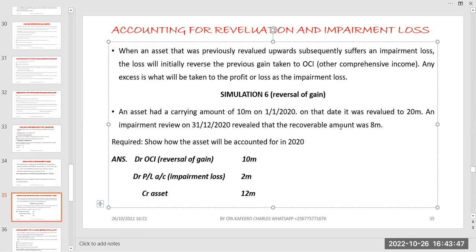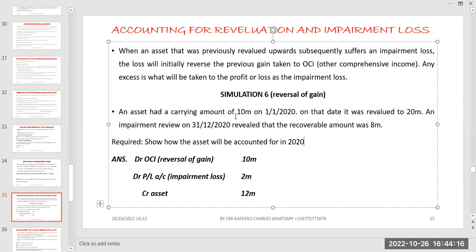It means we had a revaluation gain of 10 million, the difference between these. So the implication is, when they went for an impairment review on 31st December, at the end of the year, the asset was revalued and the recoverable amount was only 8 million.